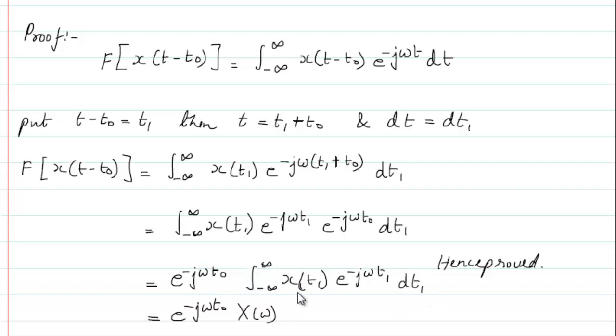This whole portion is basically the Fourier transform of x1 of t, which is x of omega. So we have got e raised to power minus j omega t naught multiplied with x of omega as the Fourier transform of this. Hence, this is proved.